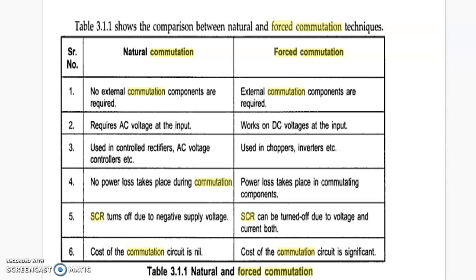As I have already told you, if negative voltage is applied to the SCR, that is reverse bias condition, the SCR will be turned off, or if the current is brought below the holding current, the SCR can be turned off.